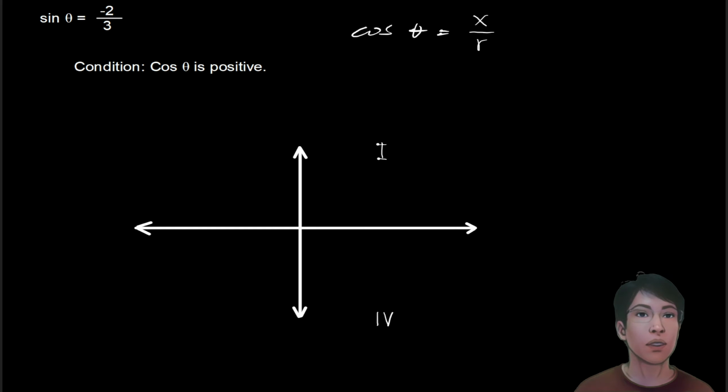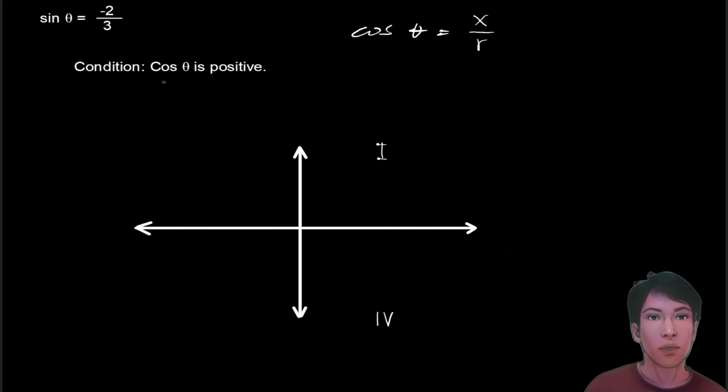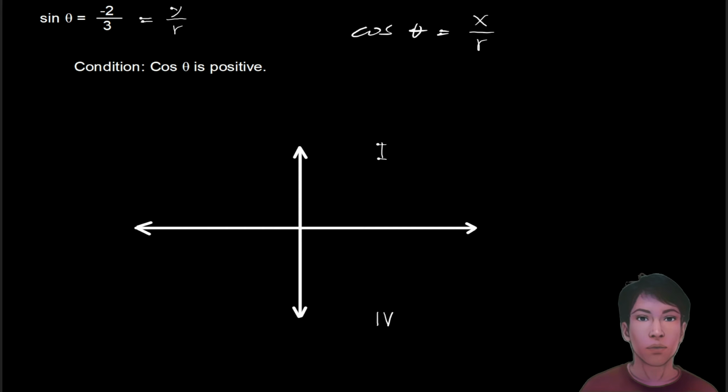Now, given that sine theta is negative 2 over 3, again, what is sine theta? Sine theta is y over r. So we can see now that y is negative. So if y is negative, it should be somewhere here. Let me draw this one over here.